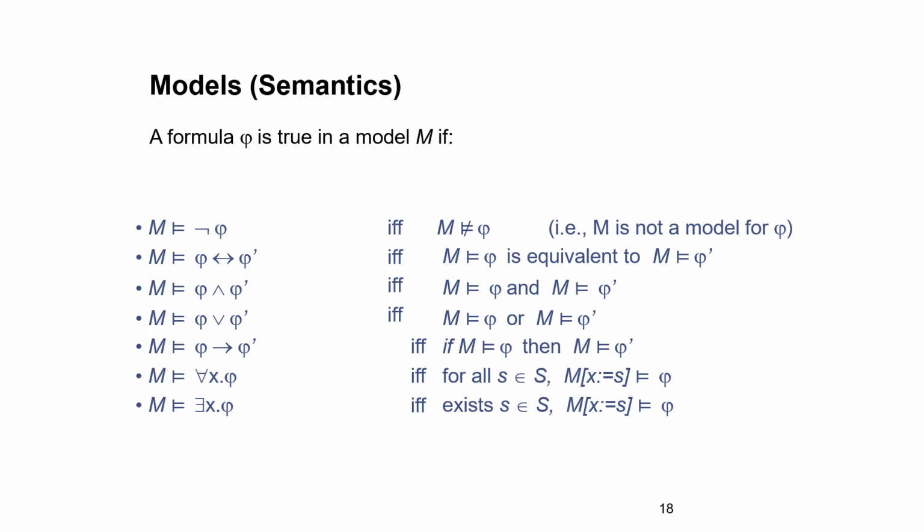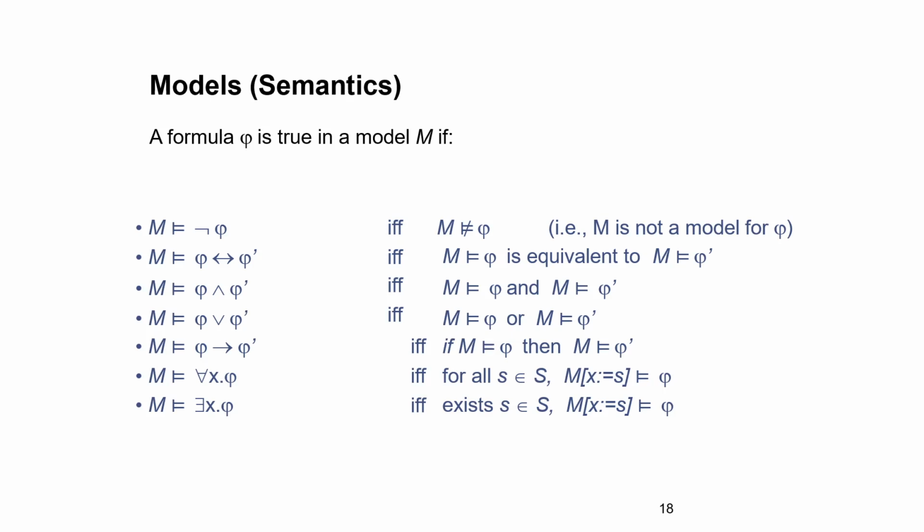The equivalence, or biimplication, is modeled by the model if they are both modeled by the model. For the conjunction, it is only modeled by our model if our model models both of them individually. For or, of course, it's enough if one of them is modeled, and so on.